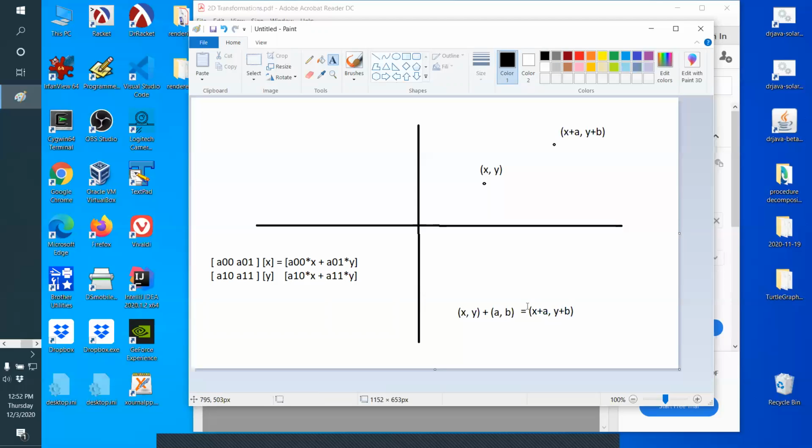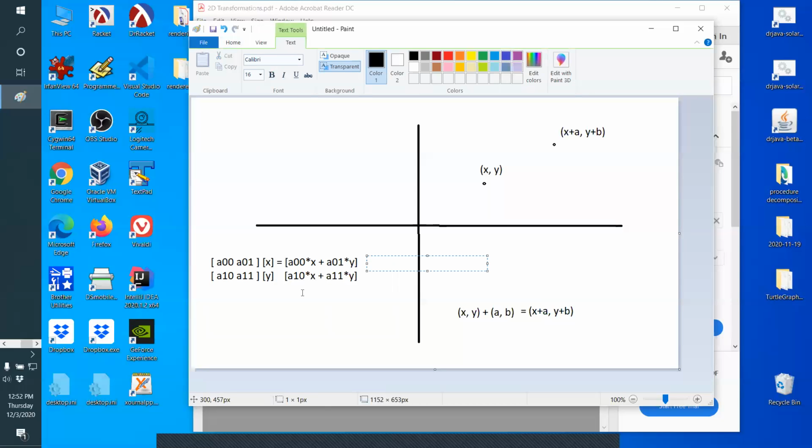Another way to put that: there's no way this can equal what we have here. There's no way it can equal x plus some constant a, y plus some constant b.